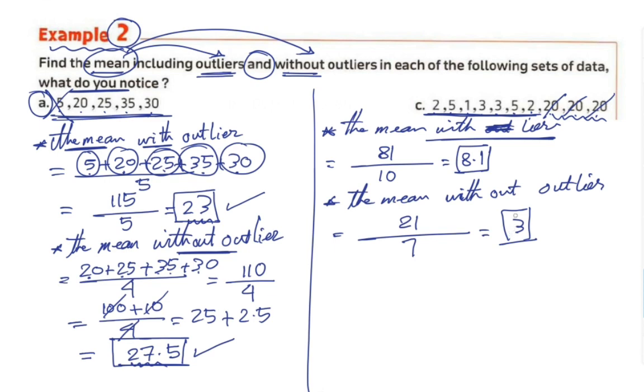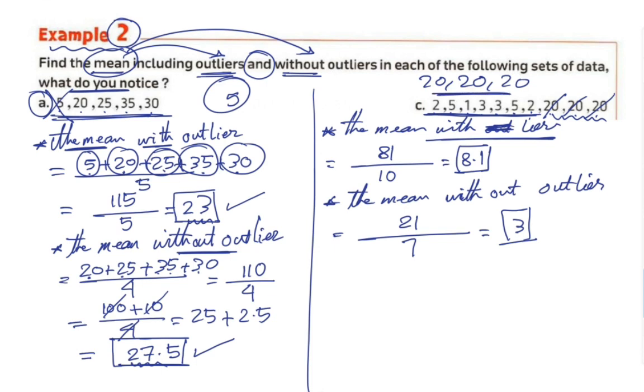If you have just one outlier, here we have 5, but here we have 20, 20 and 20. So here the outlier is just one outlier. Here we have 3 outliers.